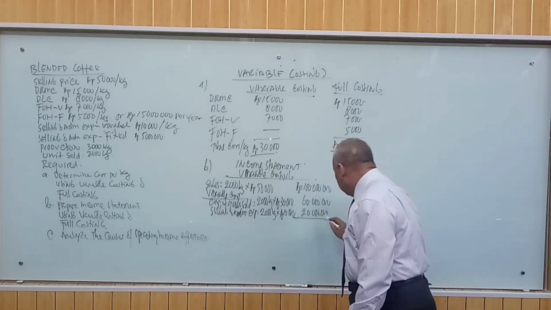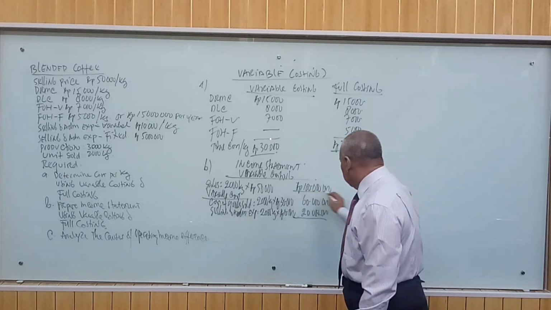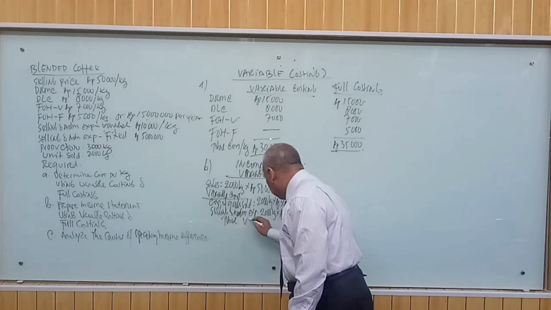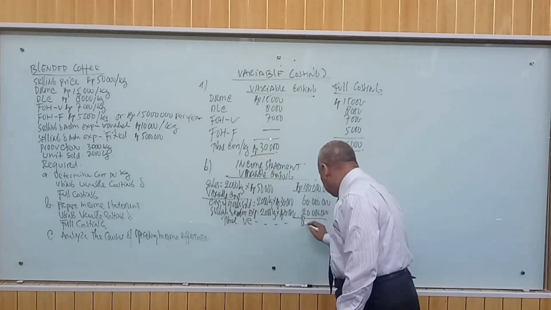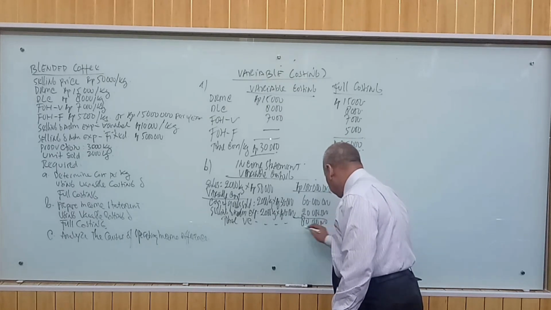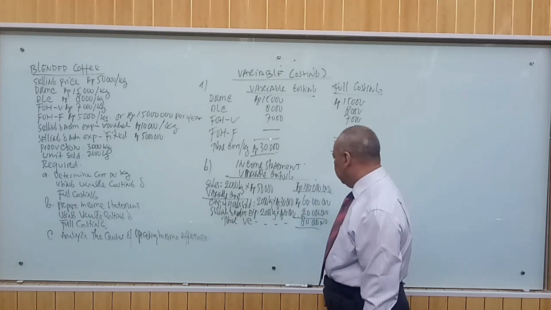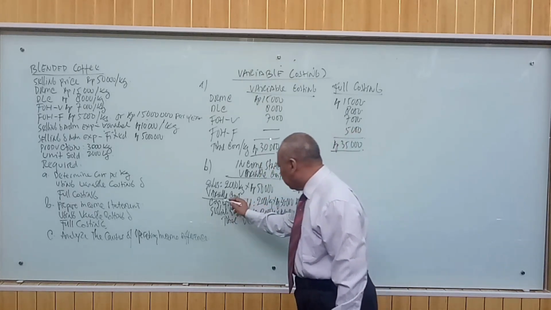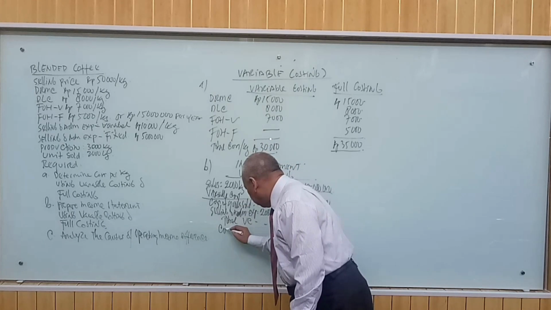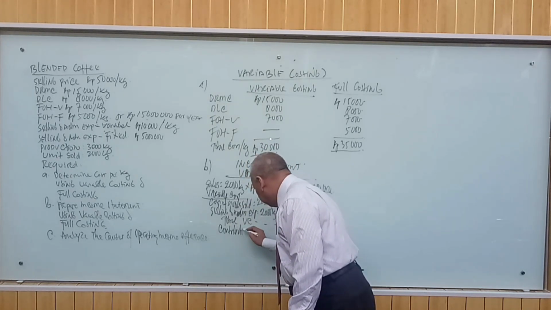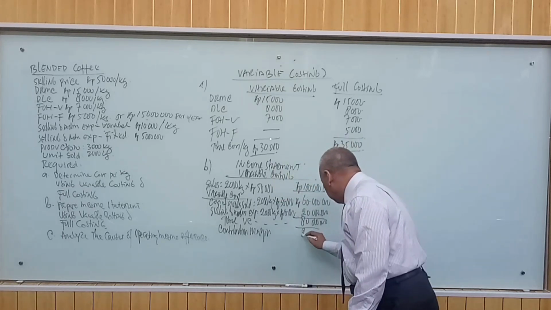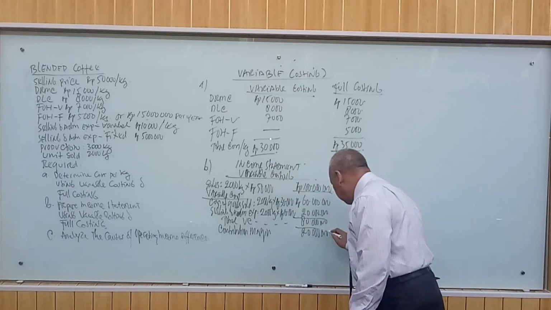So we find the total variable costs of 80 million. The sales minus total variable cost gives the contribution margin, which will be 20 million.